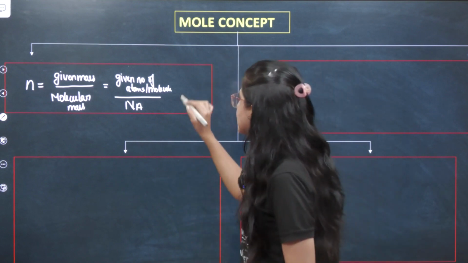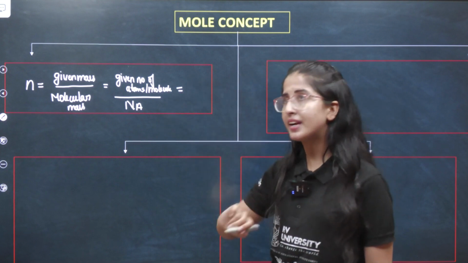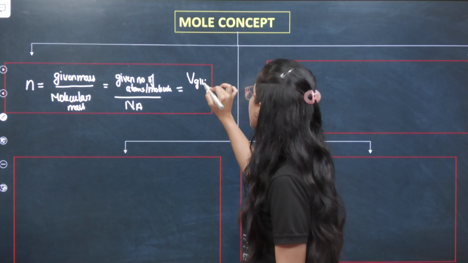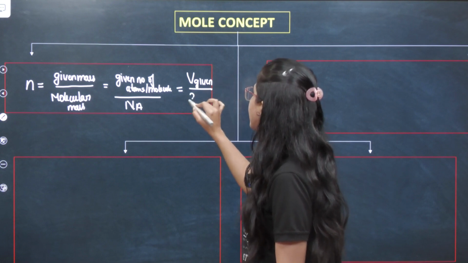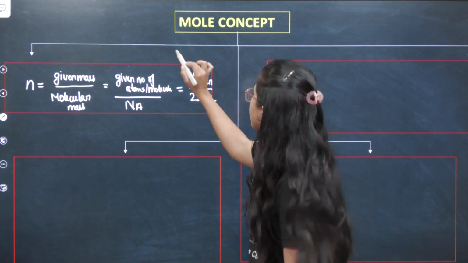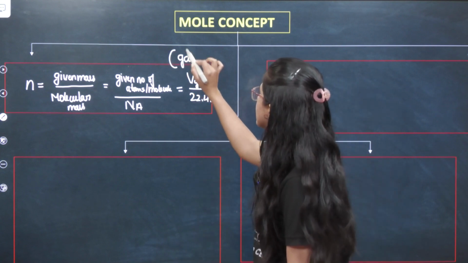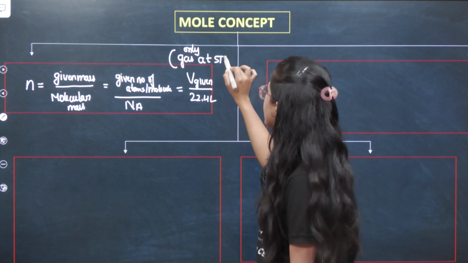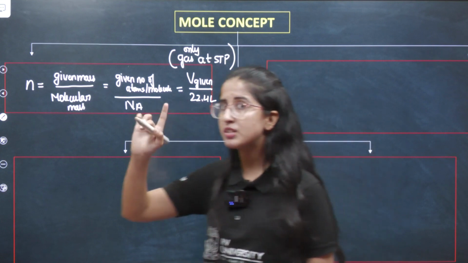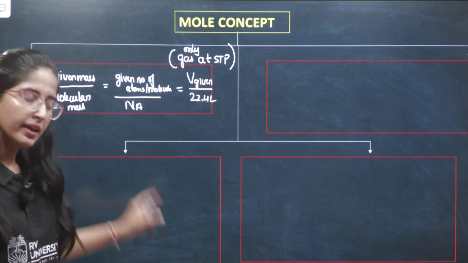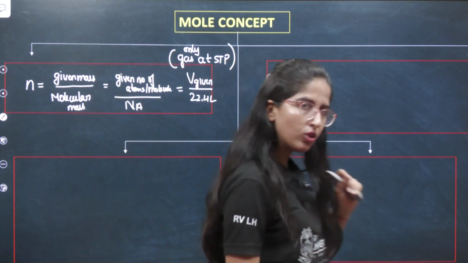And if it is a gas, that too at STP condition, then given volume divided by 22.4 liter will give you the number of moles. Remember, it is only for gases, only gases, that too at STP. Standard temperature and pressure must be given in the question. Then only you can apply this formula. Okay, so this is the first formula which you have to remember.